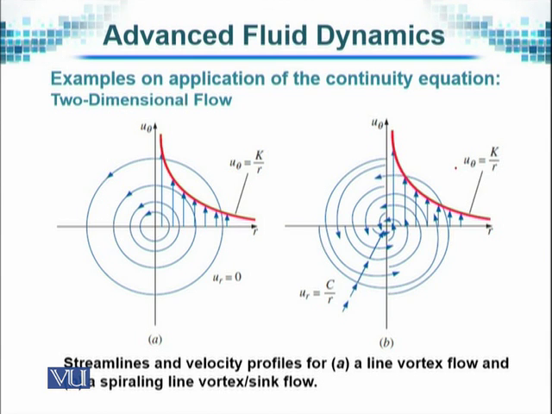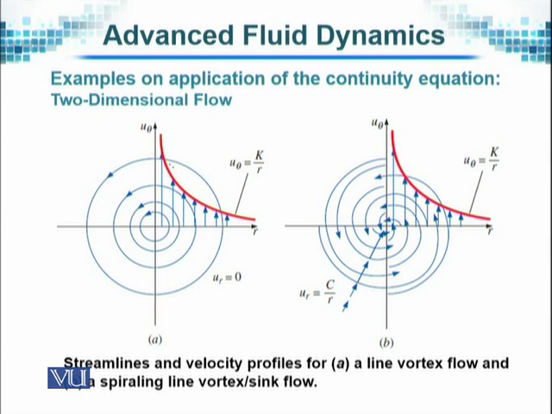If we try to draw the field, then you can see the streamlines and flow field for a line vortex in case A. That means when we have considered f to be equal to 0, you can see that u theta is taking the maximum value when r approaches 0, and it is reducing as r increases.